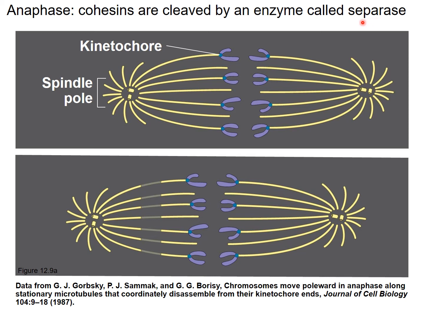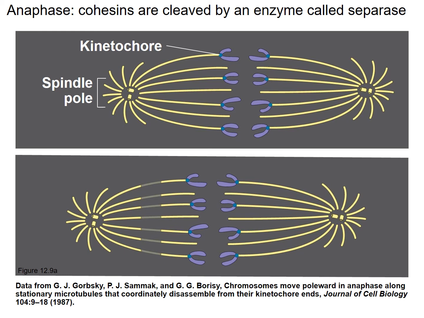So basically, it cleaves the cohesins so that the sister chromatids can separate. So the sister chromatids will easily be able to separate once the microtubules start to depolymerize. So remember, I told you tubulin starts to polymerize when they're forming. However, it's going to depolymerize when they're starting to get short. Okay, so that is that process there.